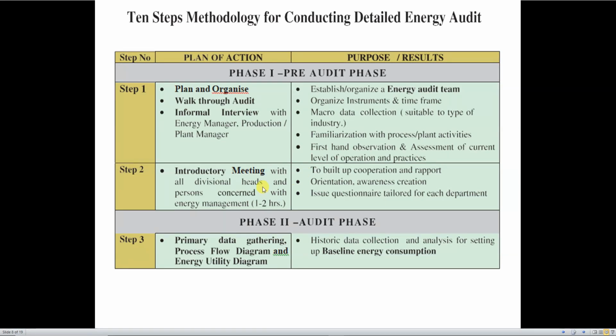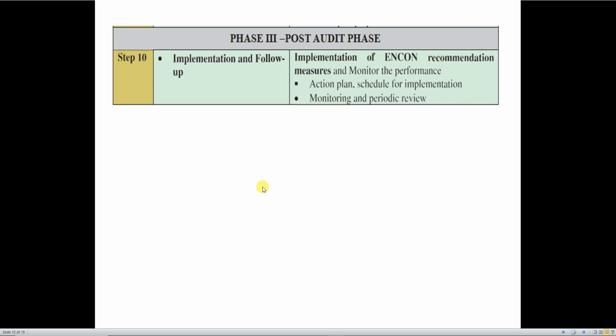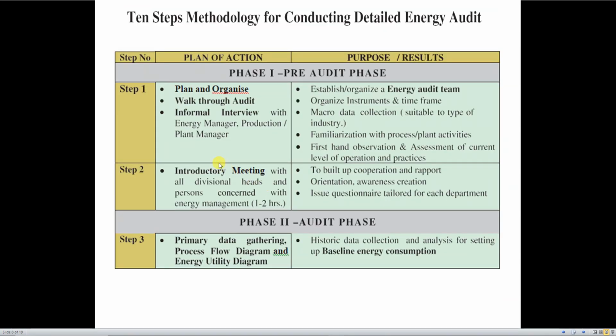So it is not mandatory to follow all these 10 steps rigorously, but these are the guidelines on which the energy audit has been structured. These are the general guidelines. So we will start.